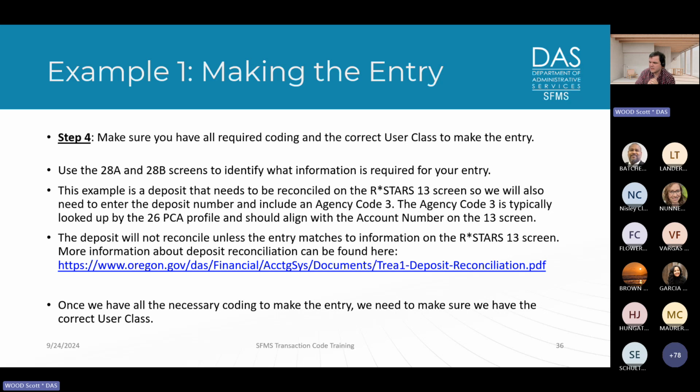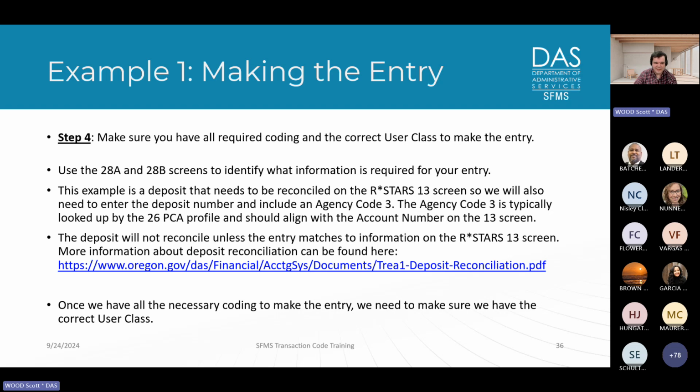So our next step will be making the entry. Before making the entry, we need to make sure we have all the required coding. Our pair of 28 screens can get us 90% there, but for recording a deposit, we will still need an agency code 3.